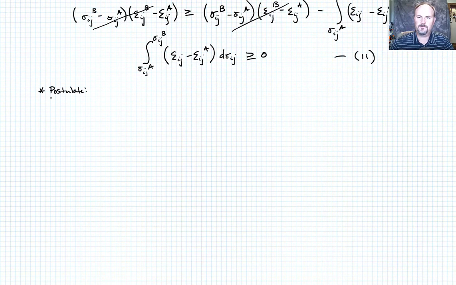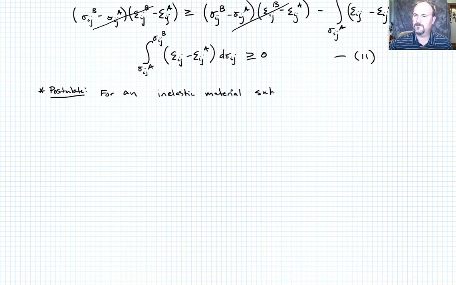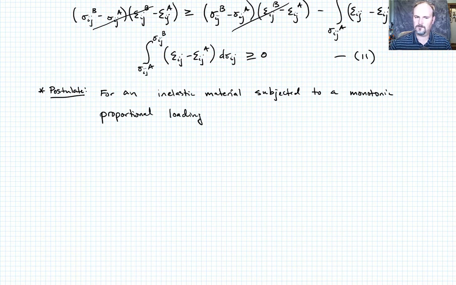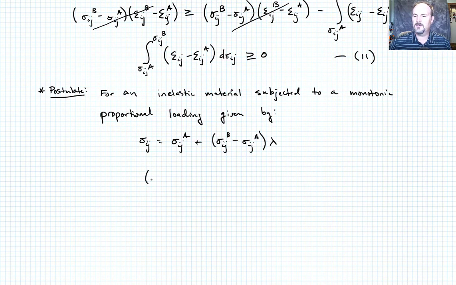Okay? So that leads us to our first postulate that we want to propose. So here's our postulate. For an inelastic material subjected to a monotonic proportional loading, which is going to be given by sigma ij equal to sigma ij A plus sigma ij B minus sigma ij A times lambda, and that sigma ij B minus sigma ij A is greater than or equal to 0, and also that lambda is in between 0 and 1 and is increasing.